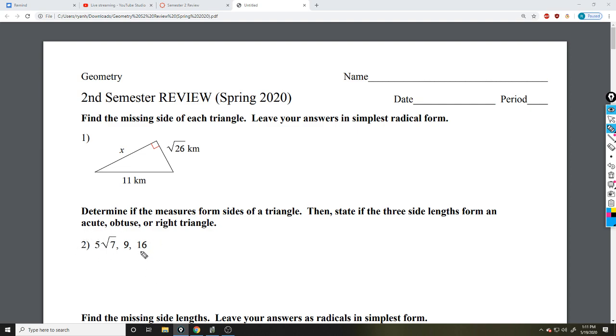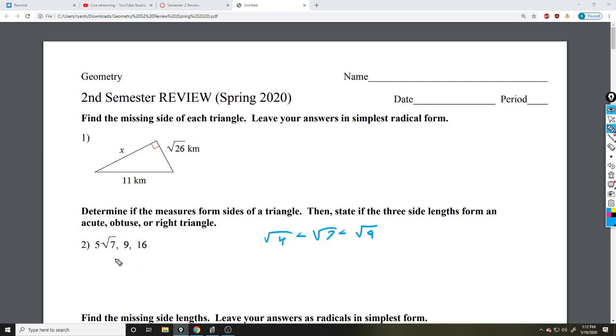And even without the calculator, I know that 5 times the square root of 7, let's see, that is between 2 and 3. Right, because square root of 9 is 3, square root of 4 is 2. So, square root of 4 is less than the square root of 7, which is less than the square root of 9. So that means that we're between 2 and 3.